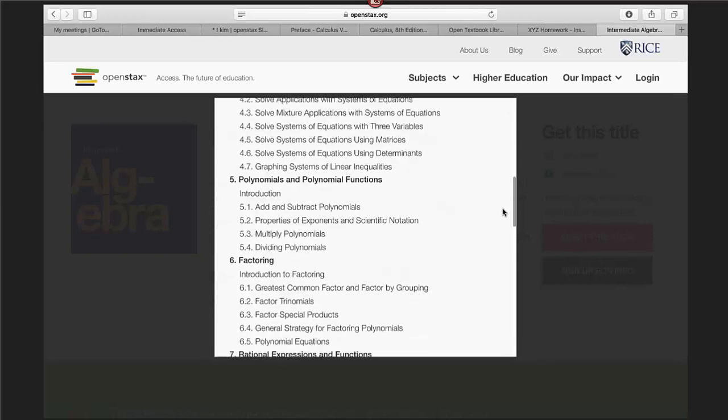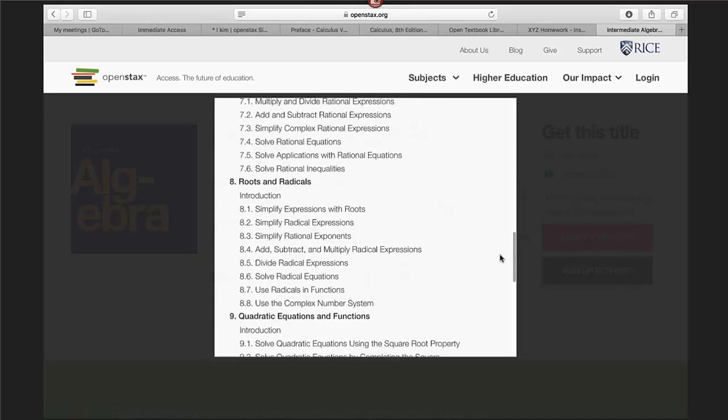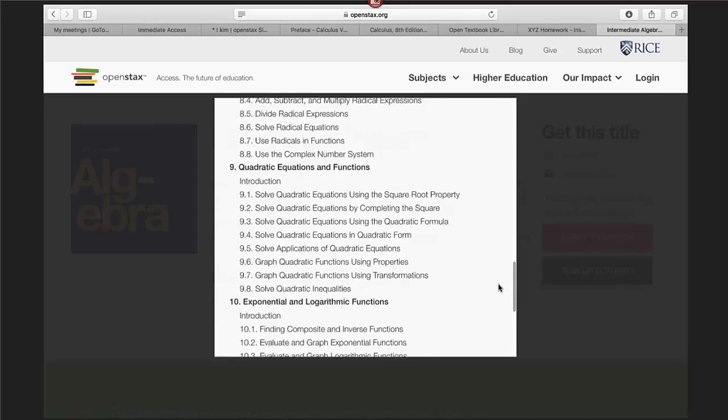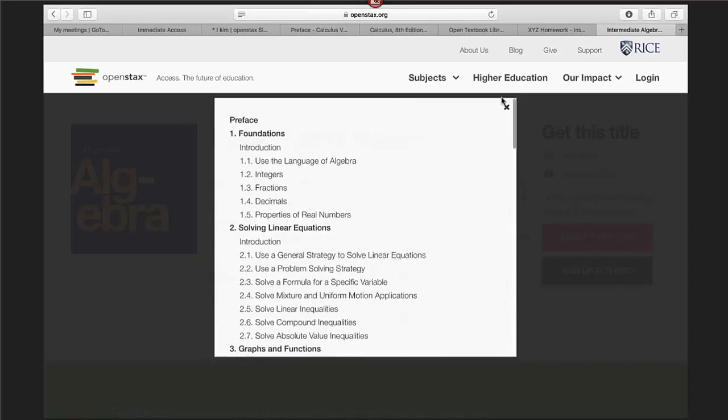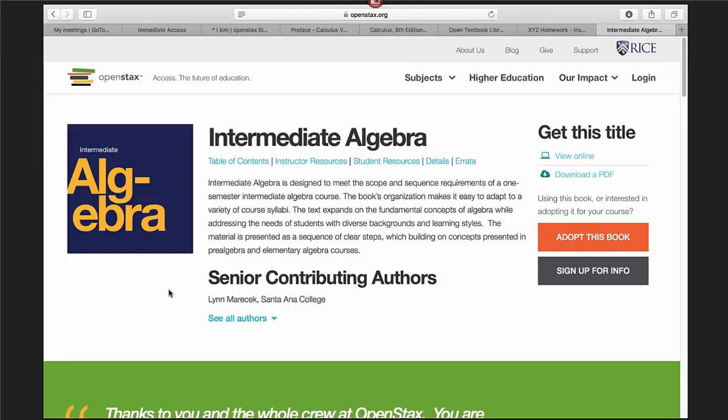Okay. Right, and this is by Lynn Marisek over at Santa Ana. Very highly experienced teacher in a number of different contexts. I'm not sure if anybody knows her, but she has written these books, she's had them quite some time, and used them at Santa Ana at her school for 15 something years.